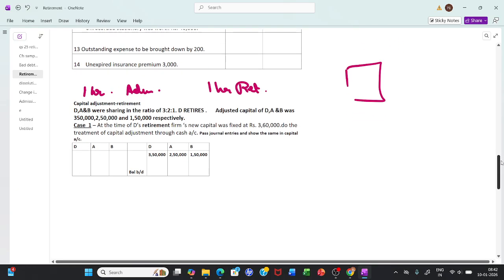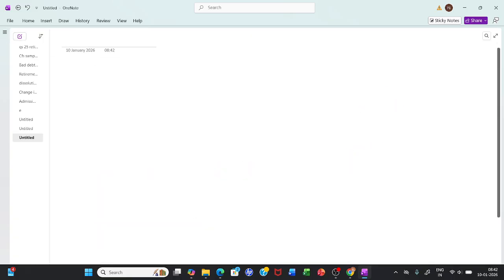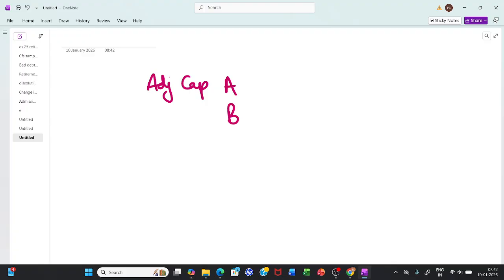Then let's come to capital adjustment. In capital adjustment, for this chapter, there are different possibilities. I take the adjusted capital of A and B as 36,000 and 44,000 respectively.